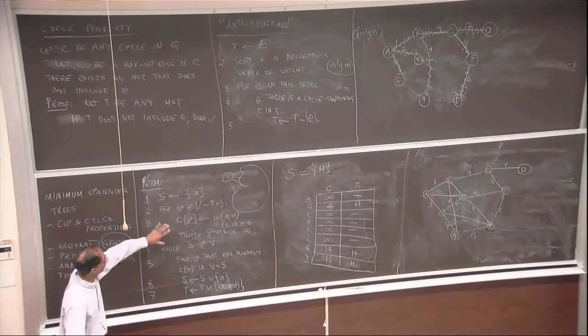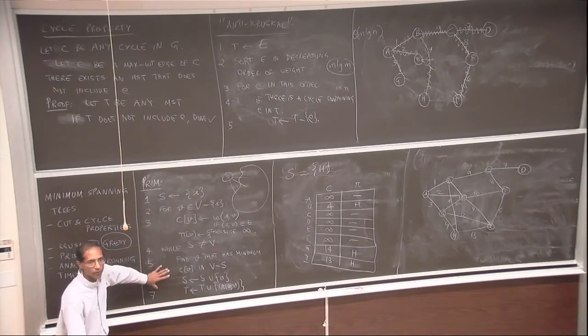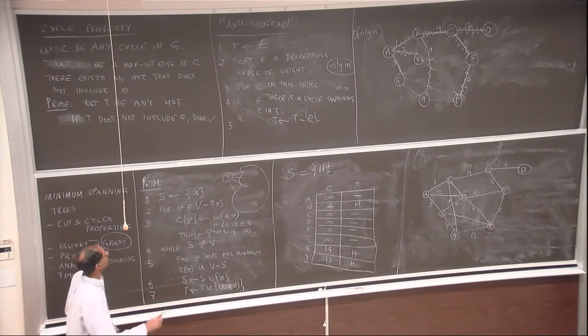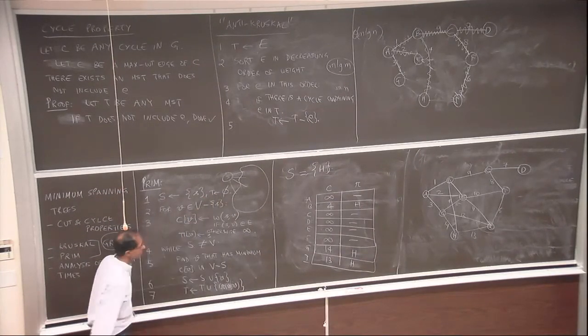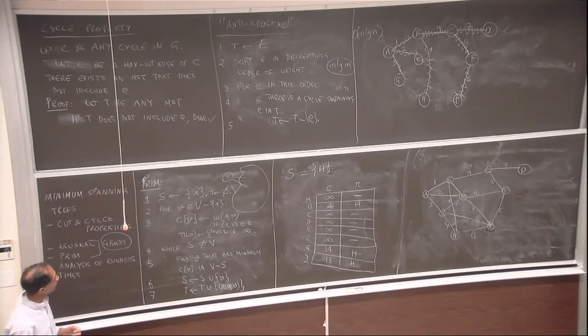So now what are we doing? Now we have set all this up. This is the initial setup. Now we are building our tree. I should say that initially the tree is empty. So from H we pick.